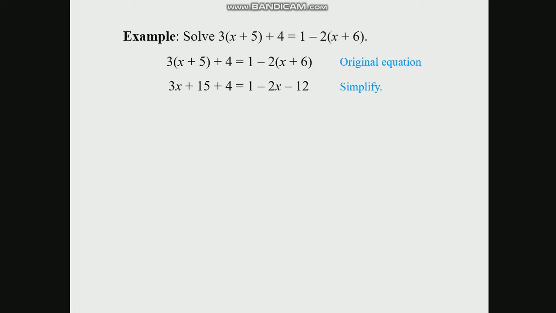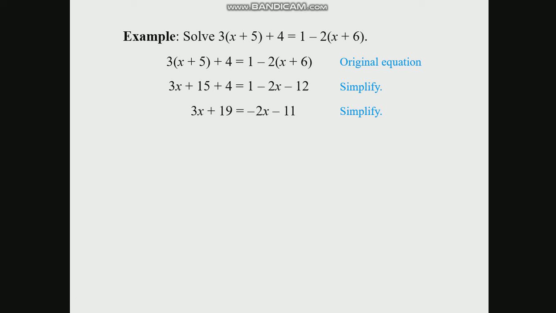And then I'm going to simplify again. So I'm going to combine like terms. 3x plus 19, 15 plus 4 is 19. And then I'm going to combine 1 minus 12. That gives me negative 11. So on this side I have negative 2x minus 11.